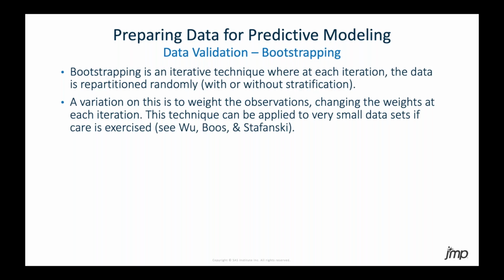I have seen it applied to data sets as small as a few dozen observations. So again, it's a very particular way of approaching it, but it allows me to leverage these techniques with very small data sets.